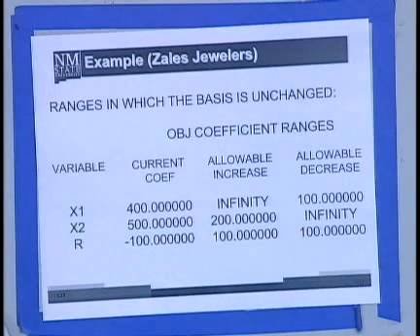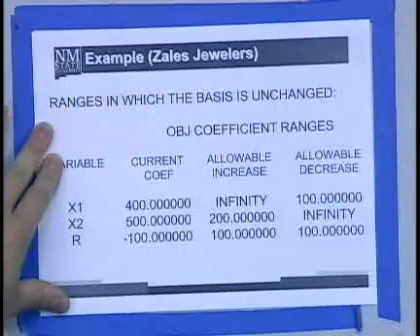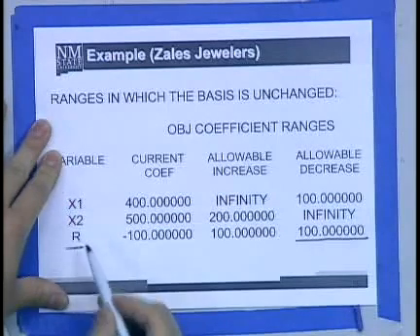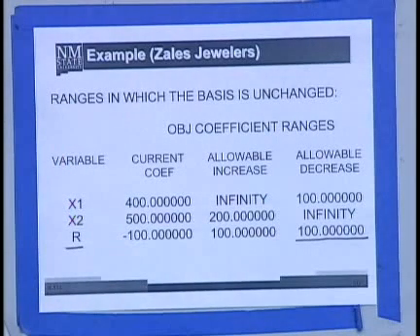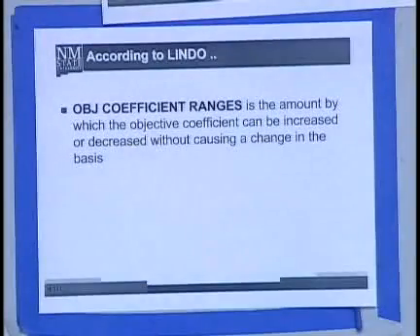That is less than the allowable decrease in the objective coefficient ranges, which is 100 for the R variable, right? And what were the objective coefficient ranges?